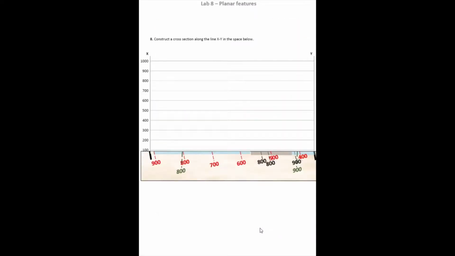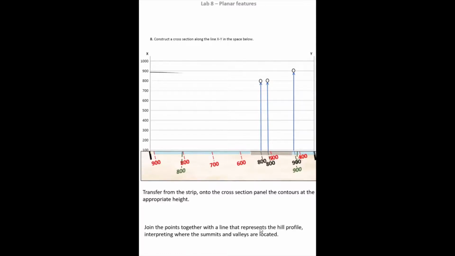So I move over to my cross section, and I first of all draw my hill profile by moving the heights of the contours that I crossed along the section line onto my cross section panel, and then I interpret the hill profile without crossing any of the other contour lines, because I didn't do them when I put my strip against the map.